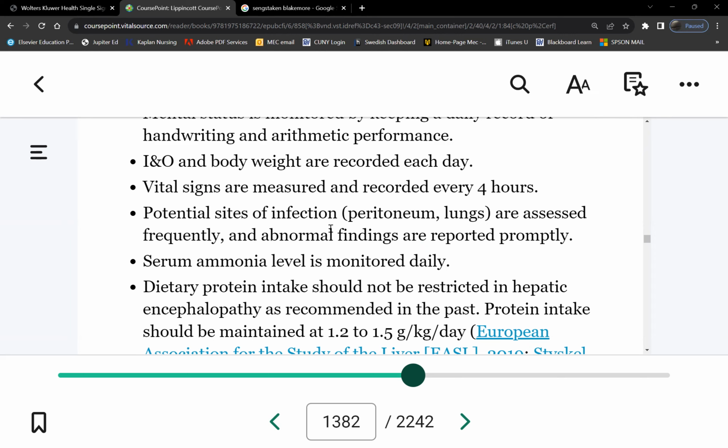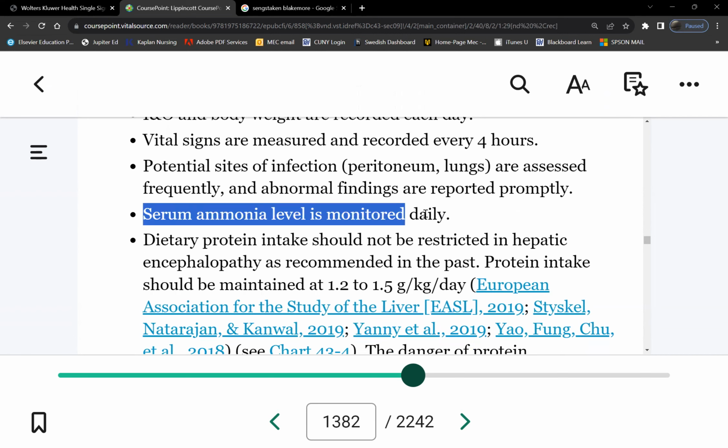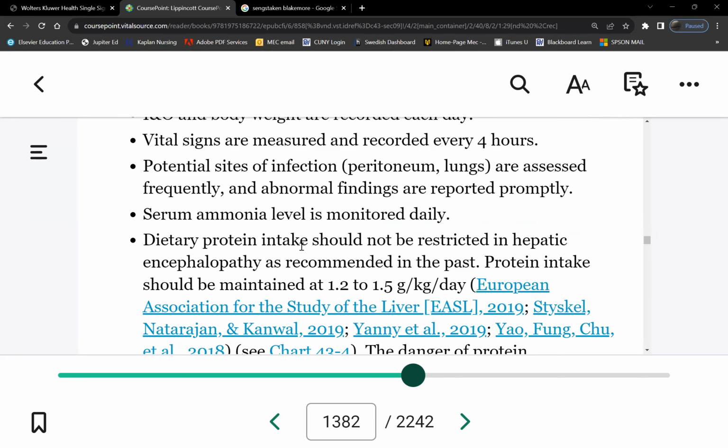Less. If there's little or normal ammonia, we can increase the protein. So here, ammonia level is monitored daily. Yes, the doctor will prescribe. Because they order the lab, they look at it and then prescribe the protein for the day.